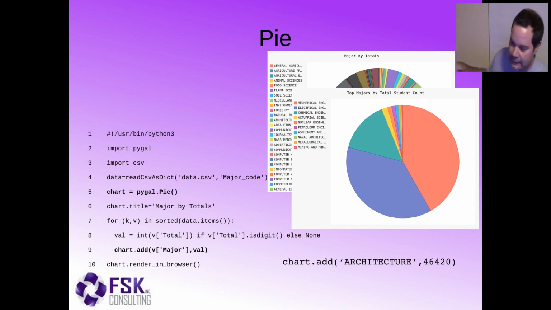Then you draw a big old circle and try to draw a slice of the pie representative of the percentage for each one of the values. But you'll notice you don't have to do that. You don't have to do the summation, because PyGal will do it for you. Here we just specify the values. They can be floats, they can be integers, and the summation is done for you when you render it into the browser.